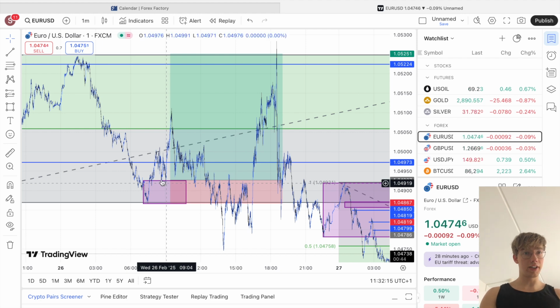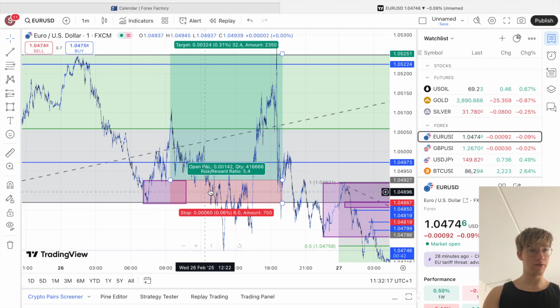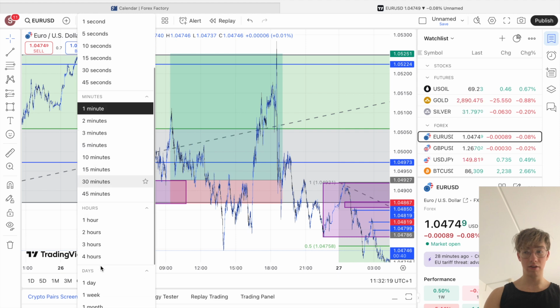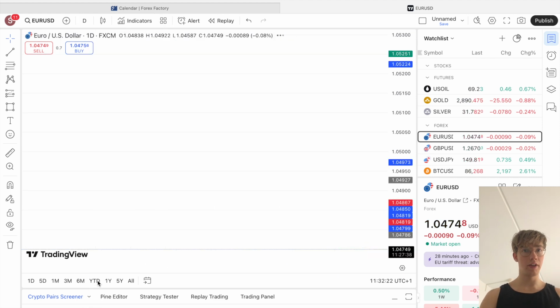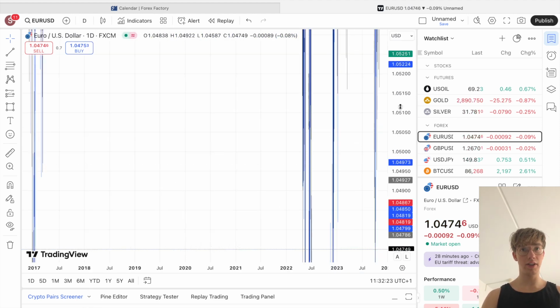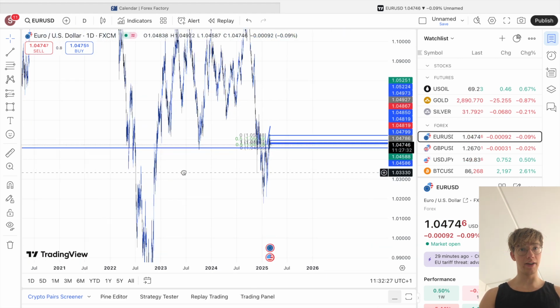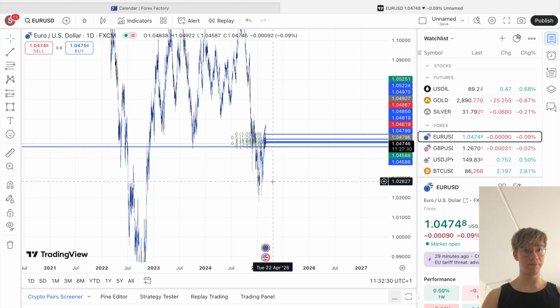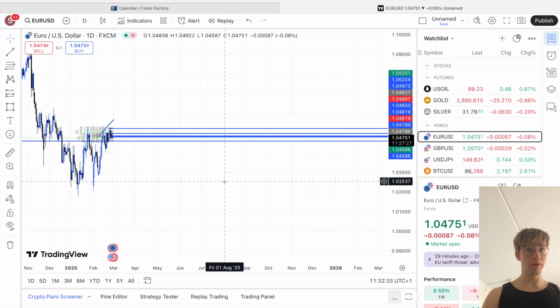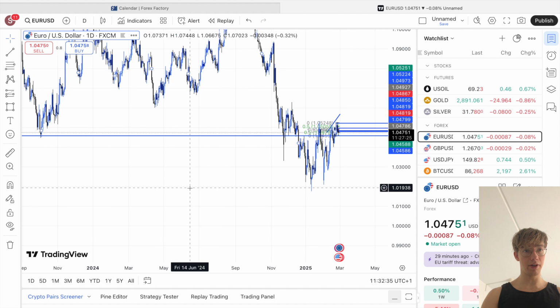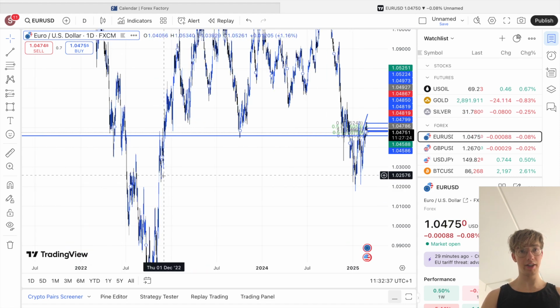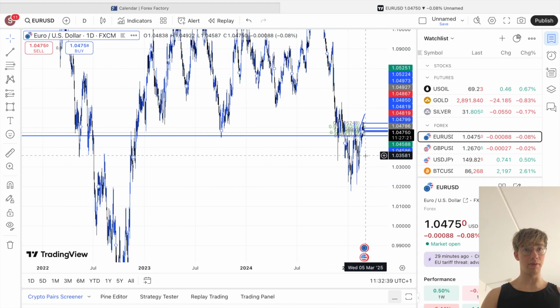So we can see on the daily, you see we're going down, but we reached the bottom right here, sweeping some of this liquidity, and then we're starting to come back up.